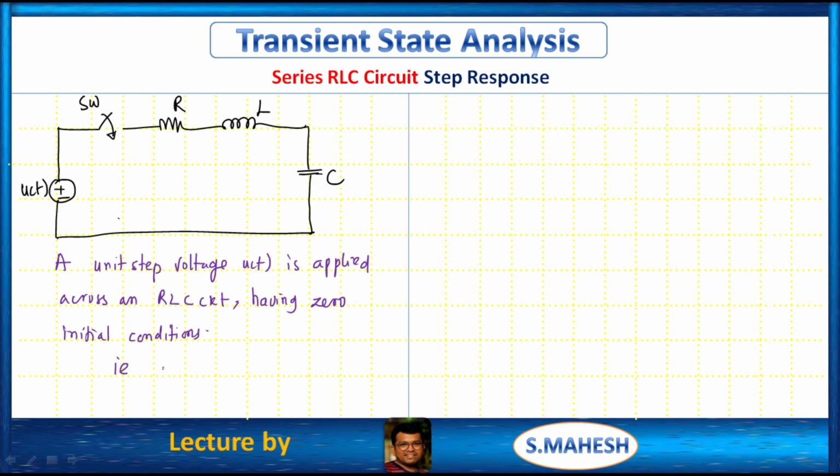That is, we see v_C(0-) should be equal to 0, and i_L(0-) should be equal to 0. We don't consider any initial conditions in this case.